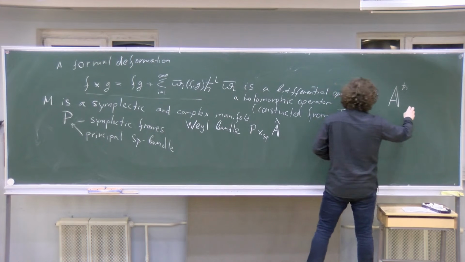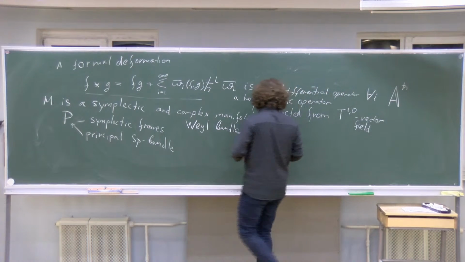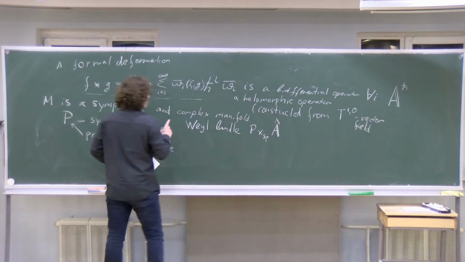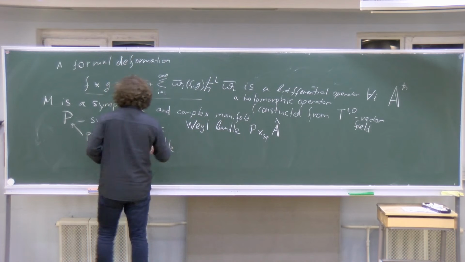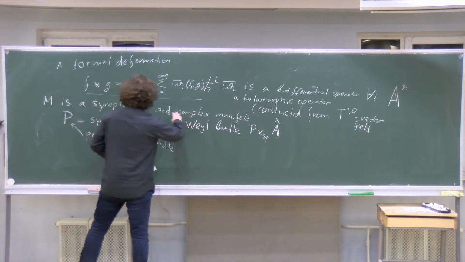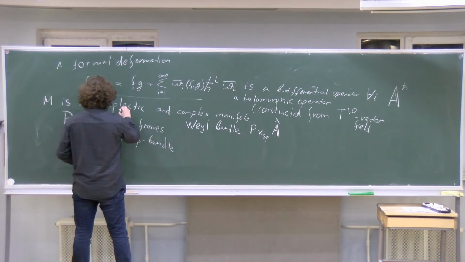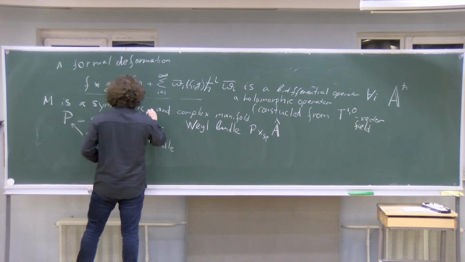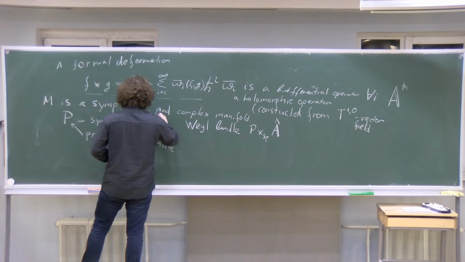So I believe M is symplectic and complex, and overall omega, the symplectic structure, is holomorphic.